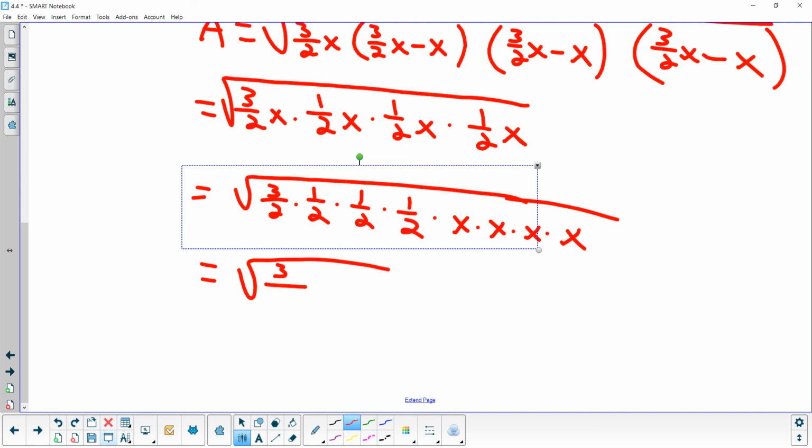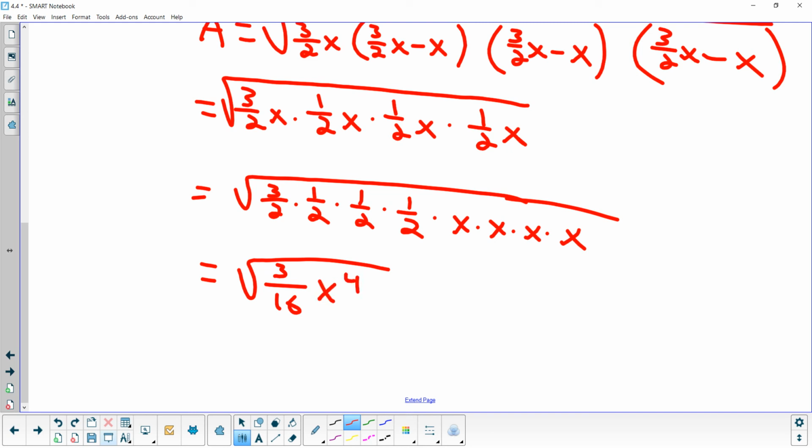And 2 times 2 times 2 times 2? Just multiplying the denominators: 16. And what about x times x times x times x? X to the fourth.